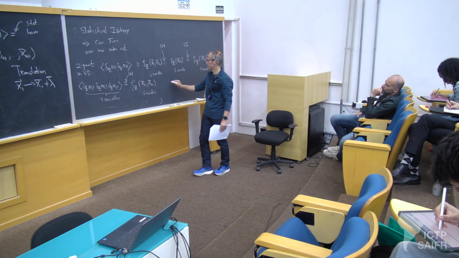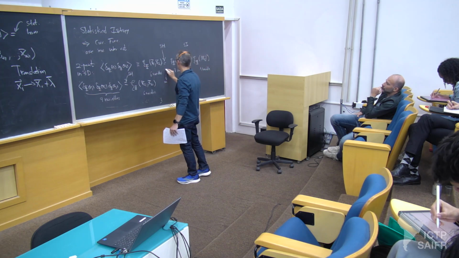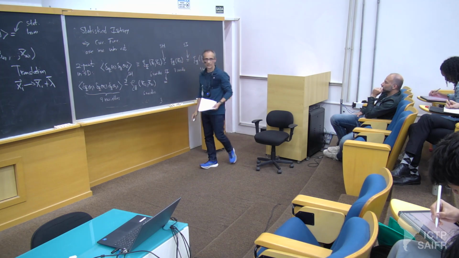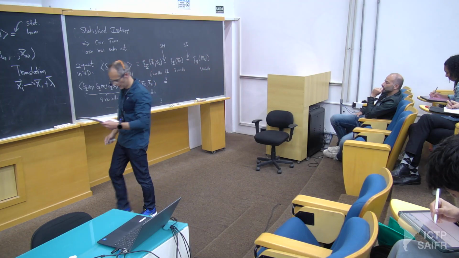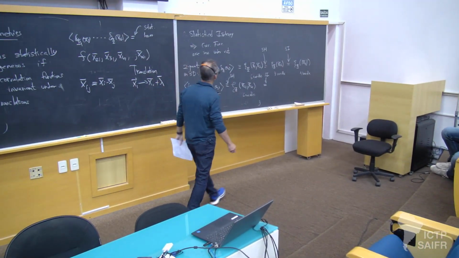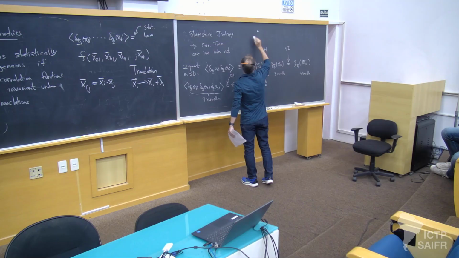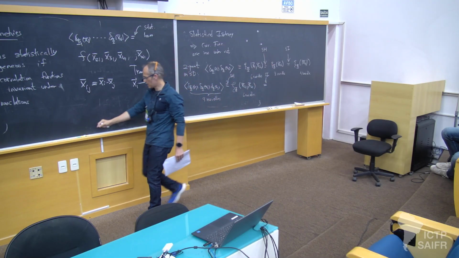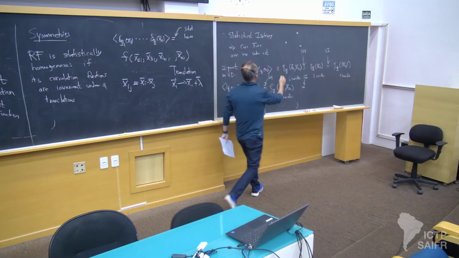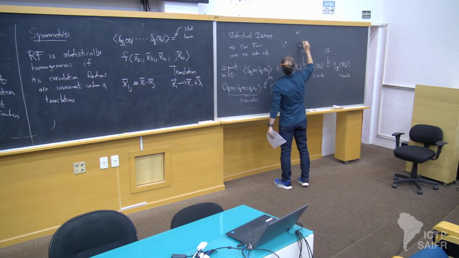Okay? And finally, if I can assume statistical isotropy, then it can depend only on the relative lengths that I can form with 3 points. So what are the lengths? If I have 3 points, this is point 1, point 2, and point 3.